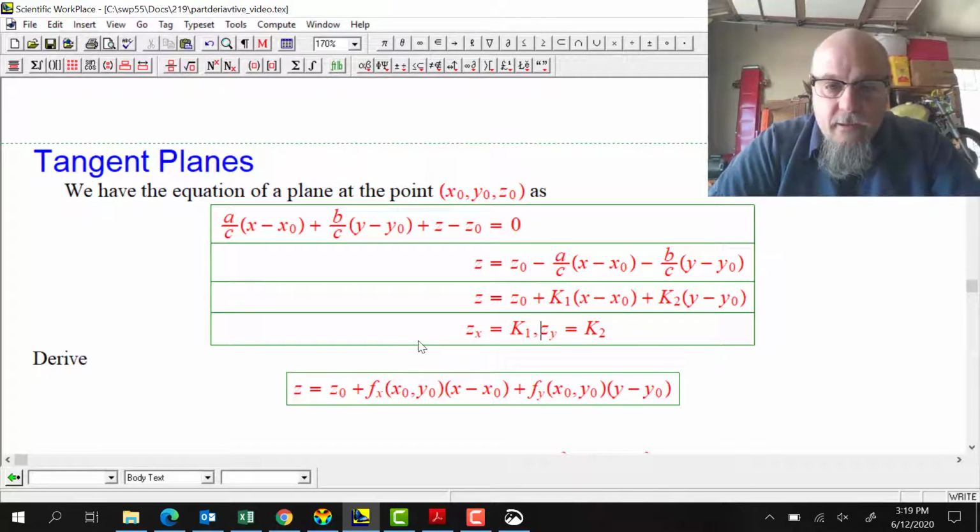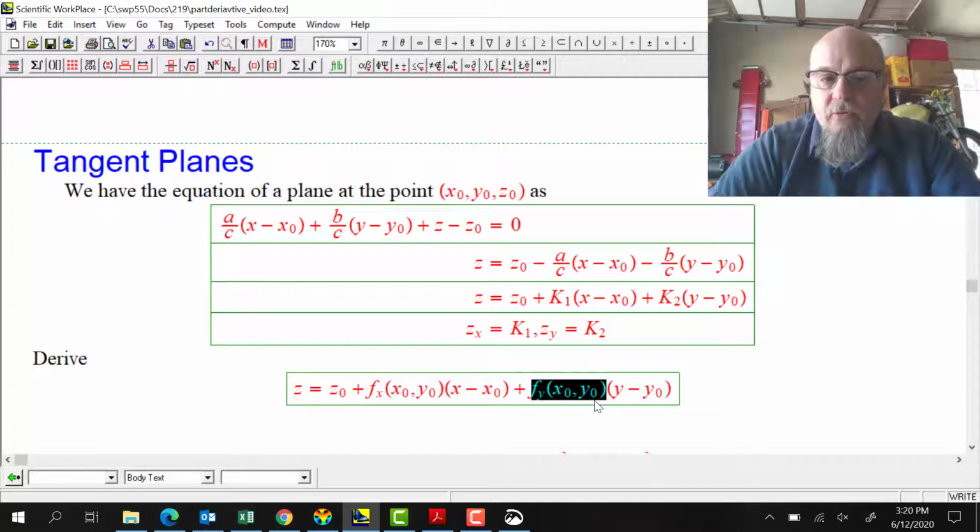So that's why this equation is the same as this equation, except instead of writing K1, I wrote the slope of the f function in the x direction evaluated at the point x naught, y naught, and likewise, instead of K2, I wrote the slope in the y direction at x naught, y naught.